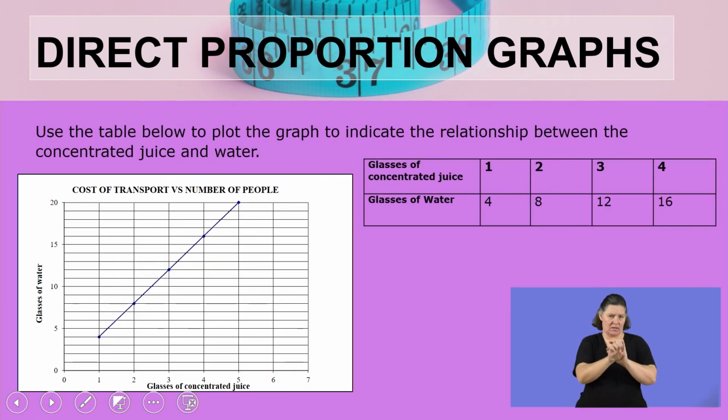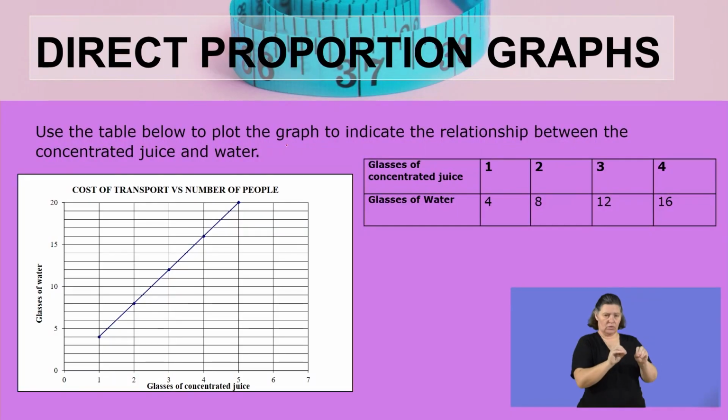Okay, let us practice with this first example. Use the table below to plot the graph to indicate the relationship between concentrated juice and water. This is the table of what we were doing before the break. So now you know that if you have 1 glass of concentrated juice, you need 4 glasses of water. Now we come to this graph.